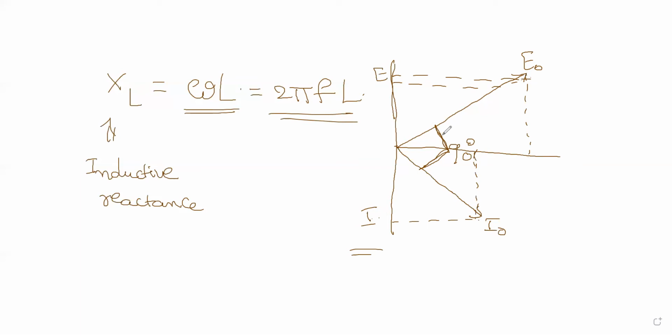So this is how it looks like: voltage on the top and the current at the bottom. The vector will be rotating like this. Remember, the vector rotation is anti-clockwise. So the voltage rotates faster, and whatever position the voltage has already got, the current will get that later. So that is what the lead is.